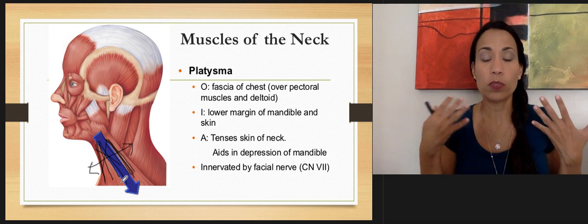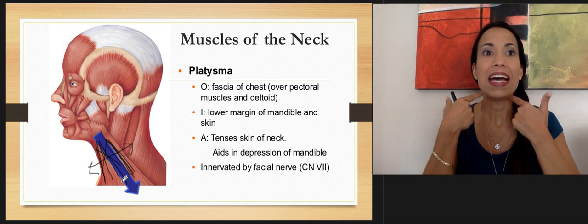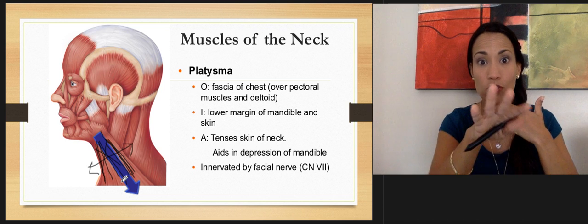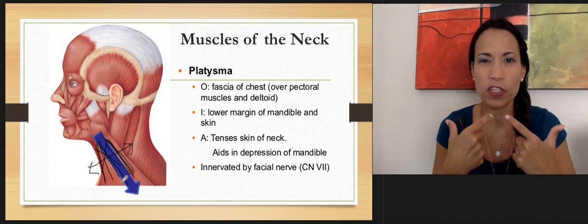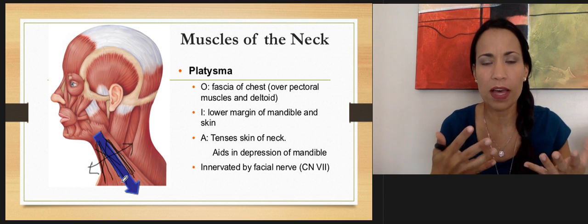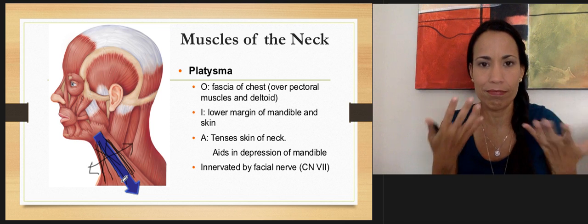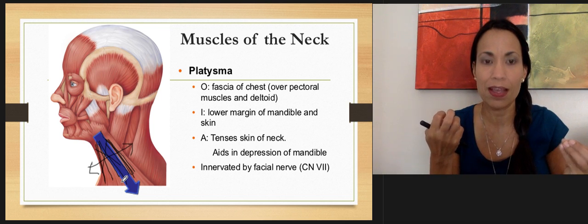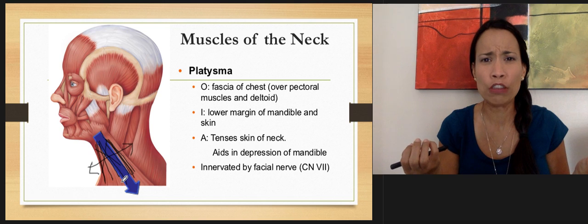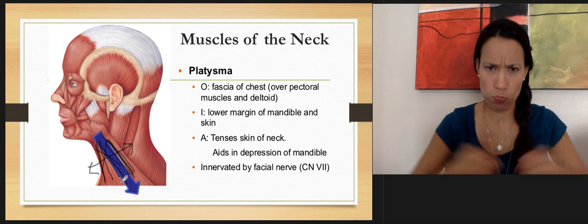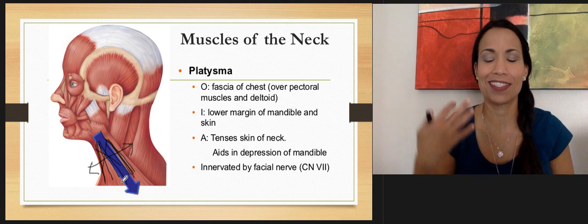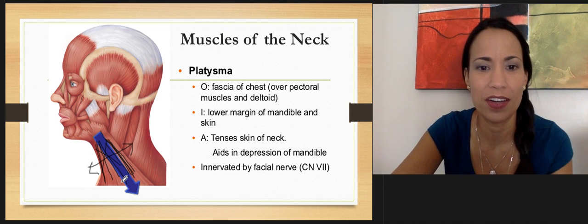Facial nerve, which is the seventh cranial nerve, innervates this muscle, and just so you know, most of the muscles of facial expression also attach to parts of your face and make you do this and this and this. All of those faces, facial nerve.